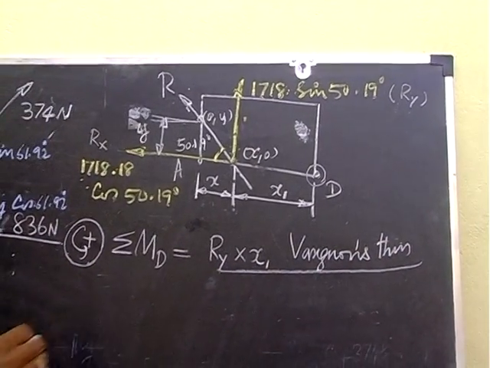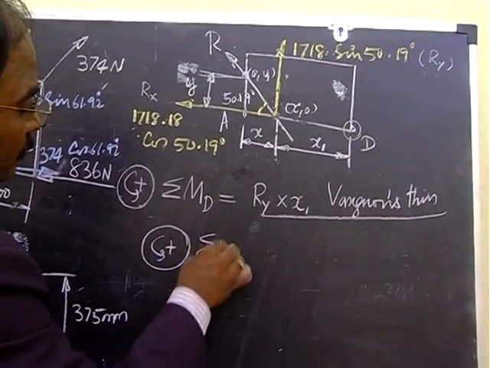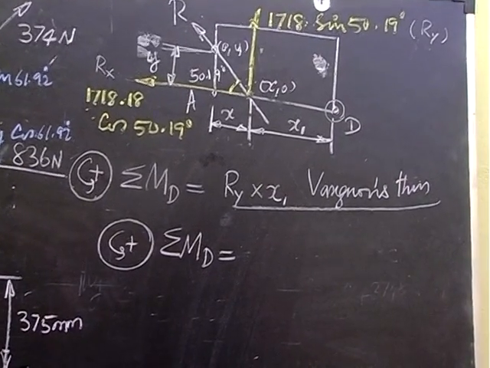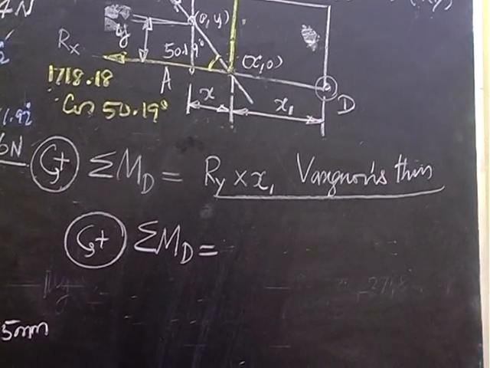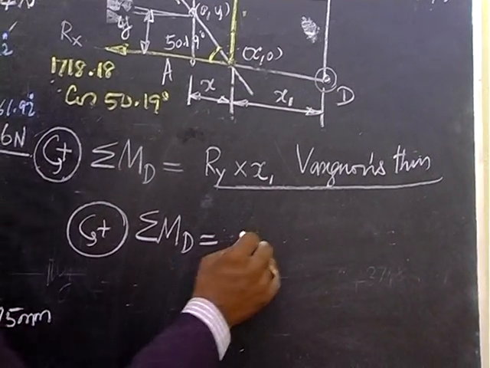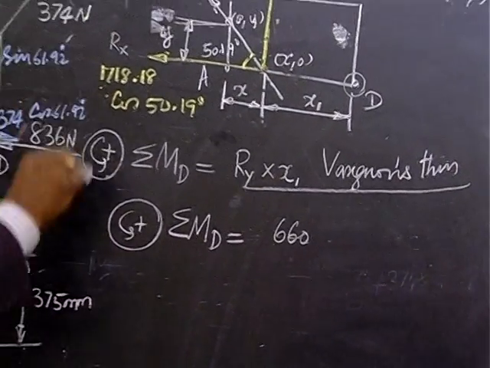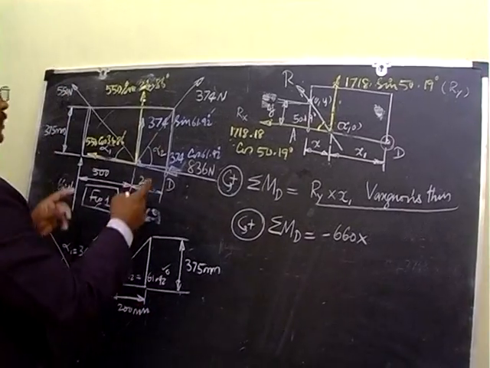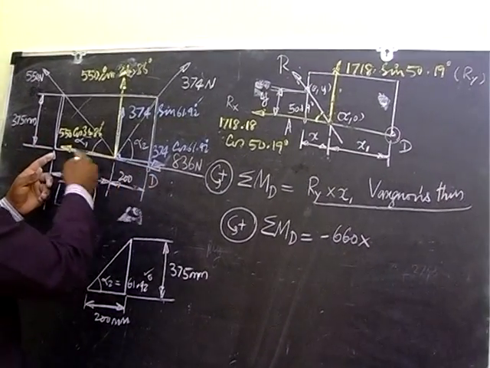So now we find out the sigma MD using component forces. So here is D, here is D. First force is 660 Newton. So 660 Newton gives a kind of clockwise effect, so therefore minus force, and it gives the distance from the line of action to the point of moment.